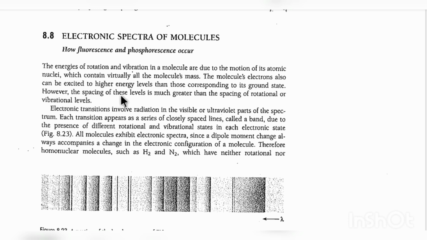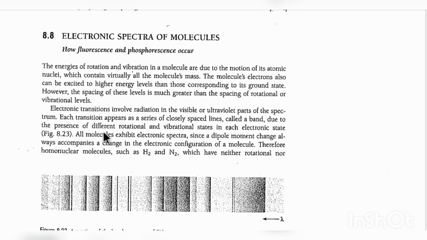However, the spacing of these levels is much greater than the spacing of the rotational or vibrational levels. Electronic transitions involve radiation in the visible or ultraviolet parts of the spectrum. Each transition appears as a series of closely spaced lines called a band.